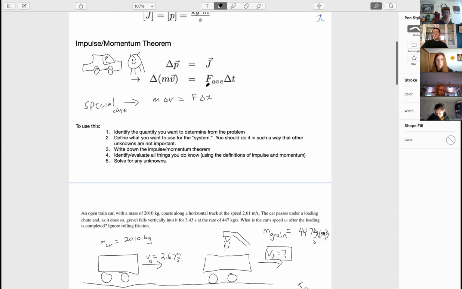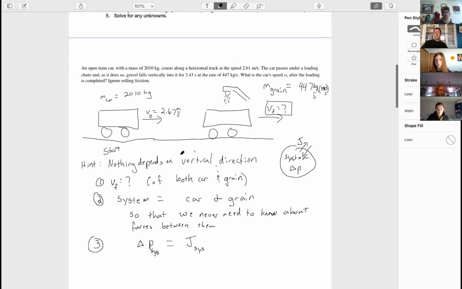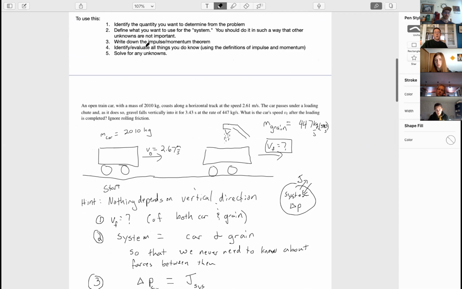This was only adapted for a system with one object, but now my system has 2 objects, so I'm using the top one, and it'd be the total momentum. So you have to use the total momentum for the system. The next thing is to evaluate all things you already know.